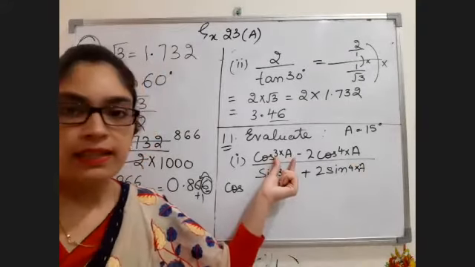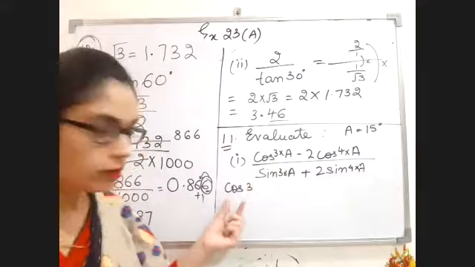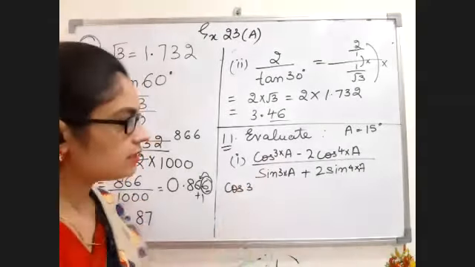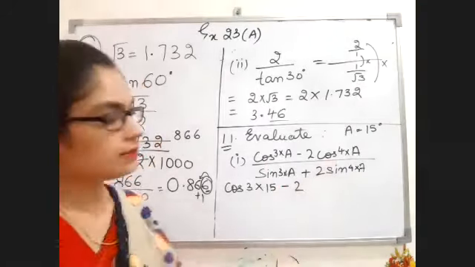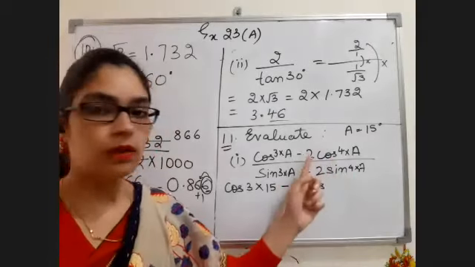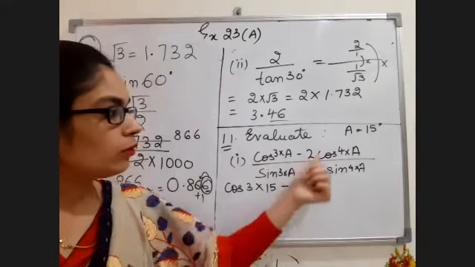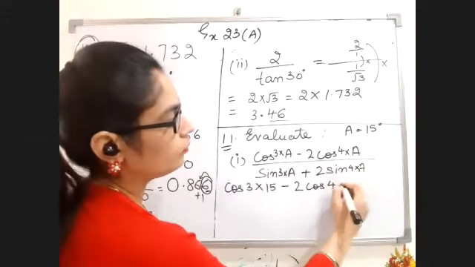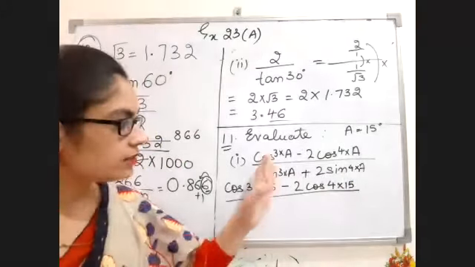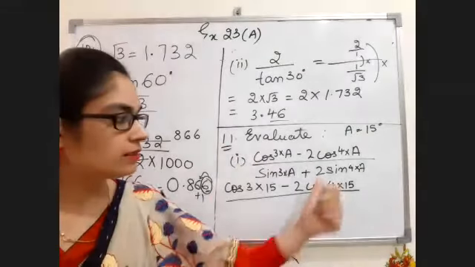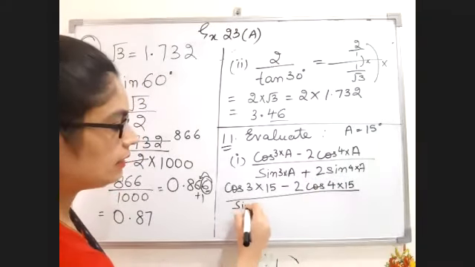So cos 3 into 15 minus 2 cos 4 into 15, by sin 3 into 15 plus 2 sin 4 into 15. I'm just substituting the value of A as 15, writing all the digits at their places itself.